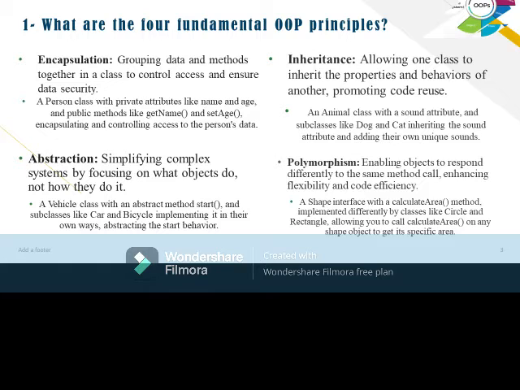Encapsulation bundles data, variables, and methods, functions that work with the data, restricting access from outside the bundle. Inheritance allows a new class to inherit properties and behaviors from an existing class. Polymorphism provides a way to use a single interface for different data types or forms. It contains method overloading and method overriding. So this is the main concept.